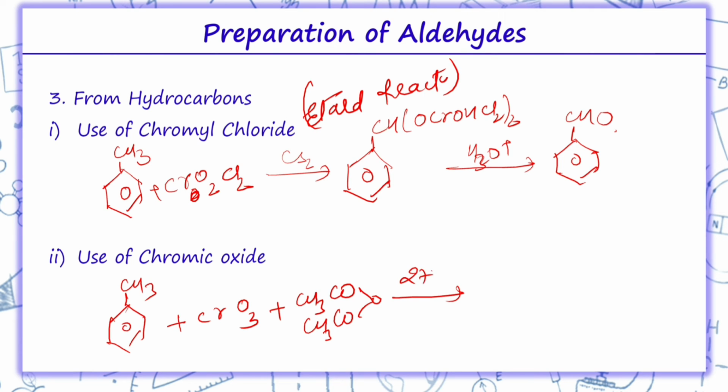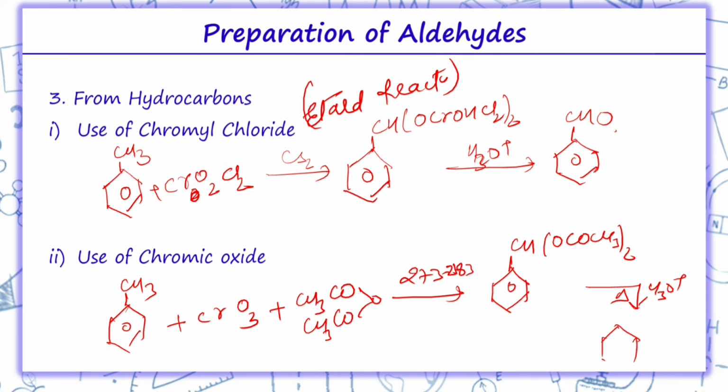So thus we will get benzylidene diacetate, which is C6H5CH(OCOCH3)2, which on again hydrolysis will form benzaldehyde, which is benzene with CHO.